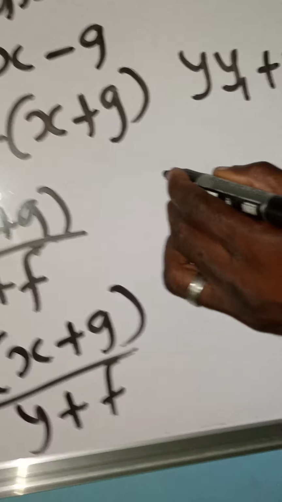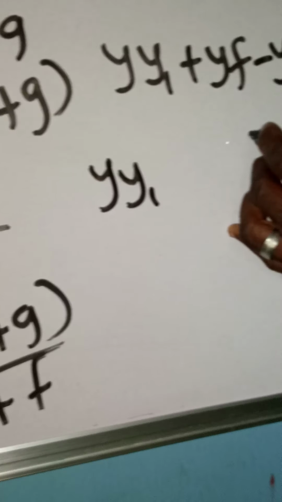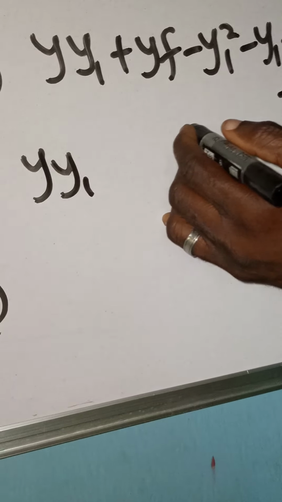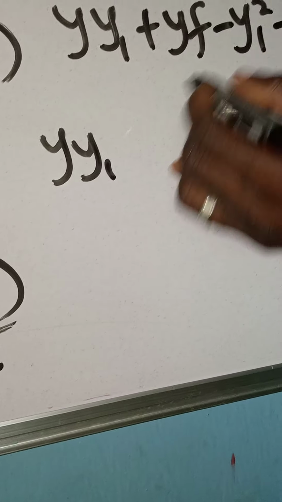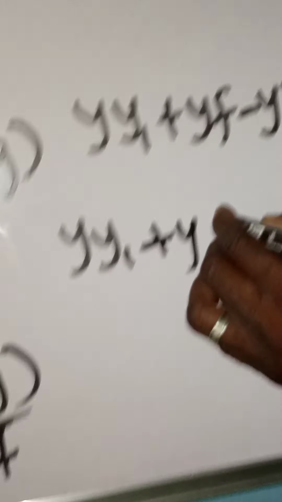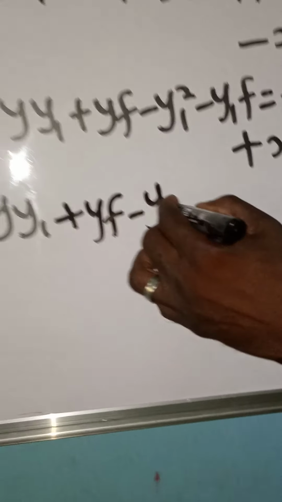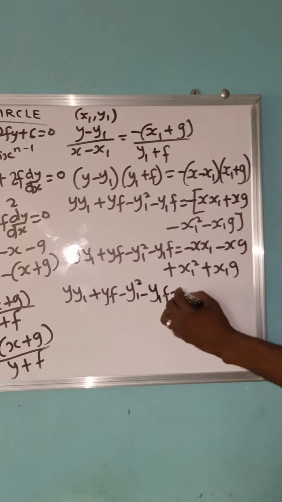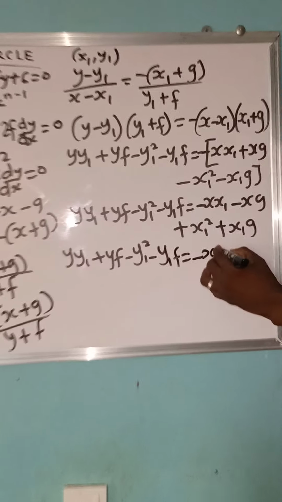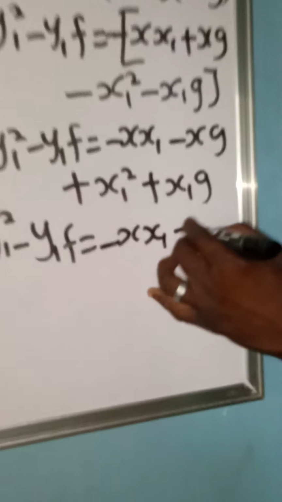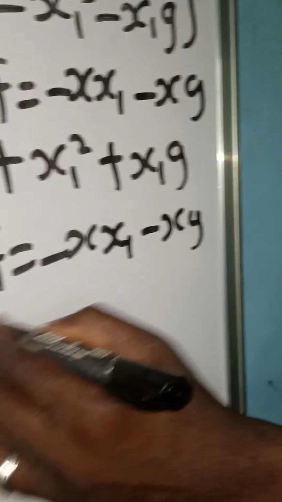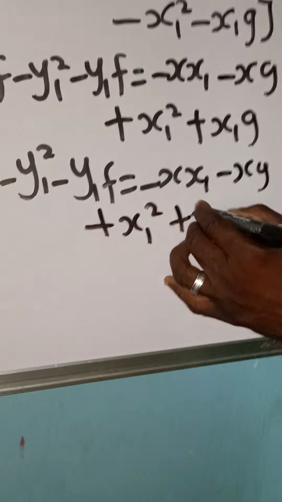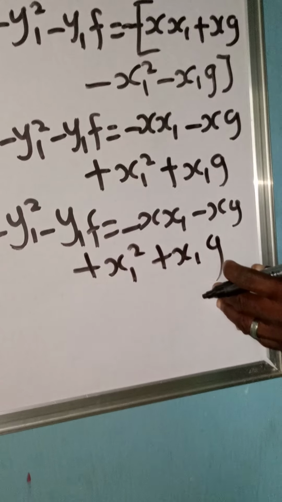So we have that yy1 plus yf minus y1 square minus y1f is equal to minus x1x minus xg plus x1 square plus x1g.